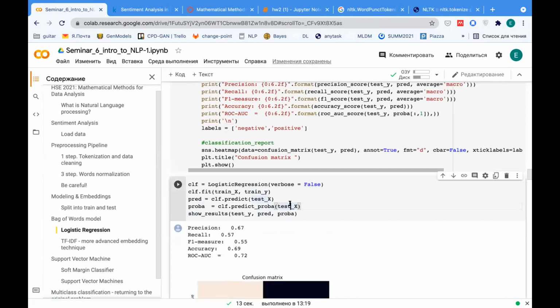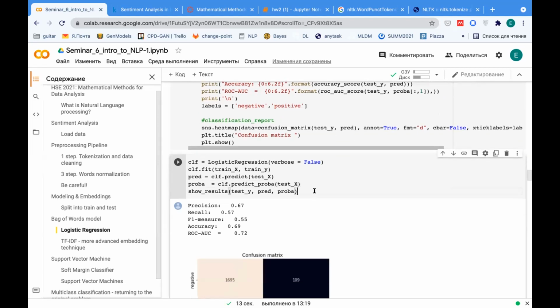Also, our probabilities are more flexible than just targets, since our targets will be just zeros or ones, and probabilities range from 0 to 1. So they can show more to our metrics, and we'll get better, more meaningful results.